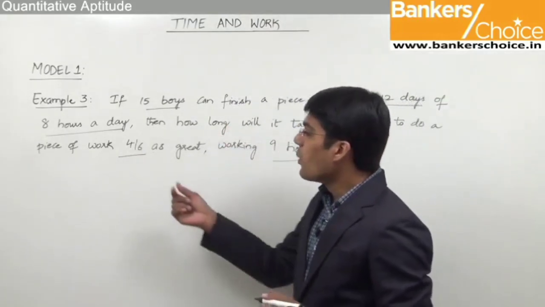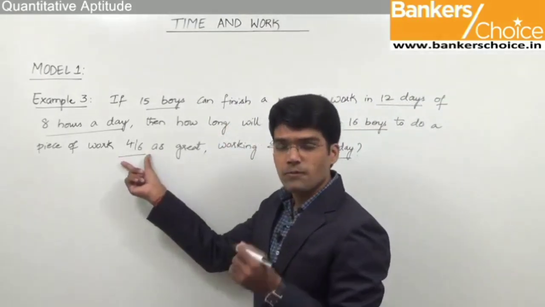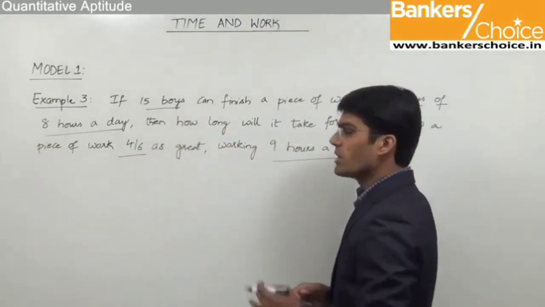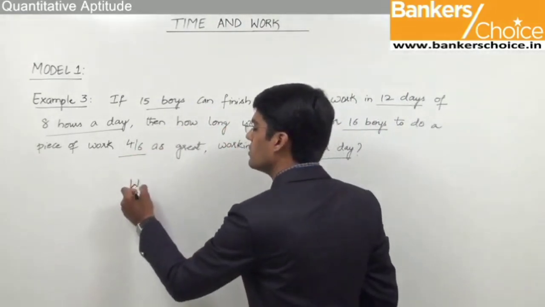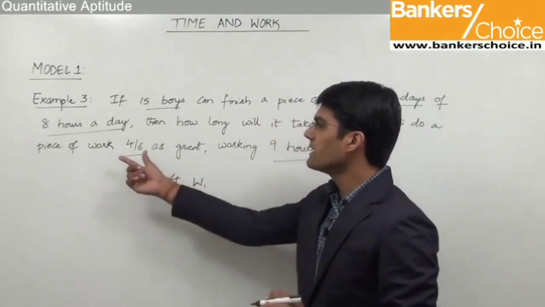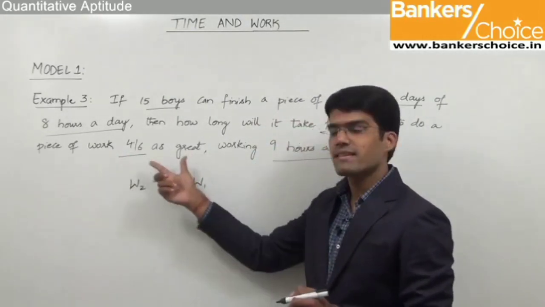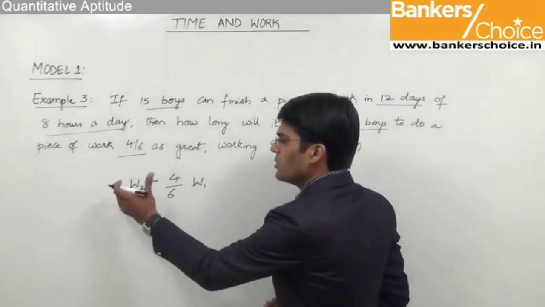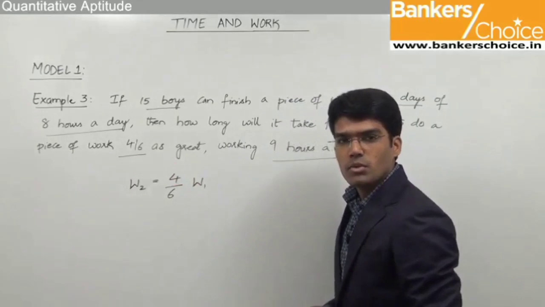That means the work done in the second case is 4 by 6 times the work done in the first case. So here we can say that W2 is 4 by 6 times W1, as it is given that the work done in the second case is 4 by 6 as great. That means 4 by 6 times the first work. Now W2 can be taken as P2 into D2 into H2.